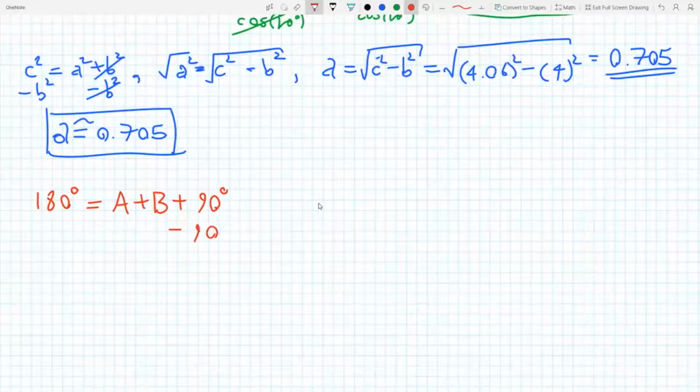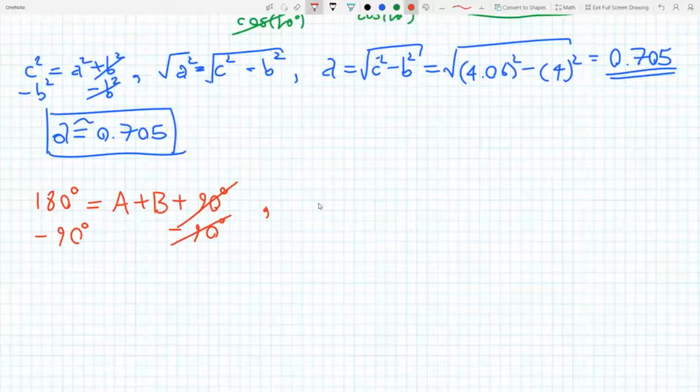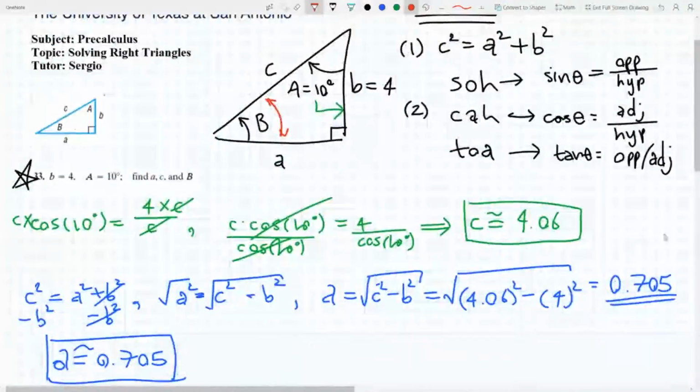So I could subtract on both sides by 90, and on the right hand side, 90 minus 90 reduces to 0. So then 180 minus 90, when you substitute that into your calculator, you end up with a value of 90 degrees. And that's equal to A plus B.